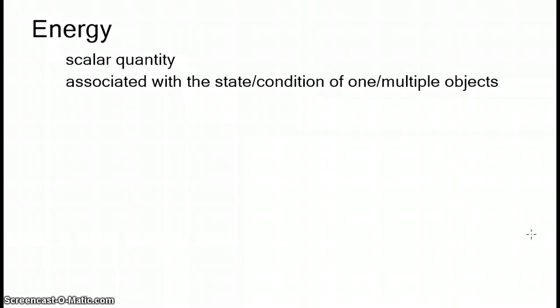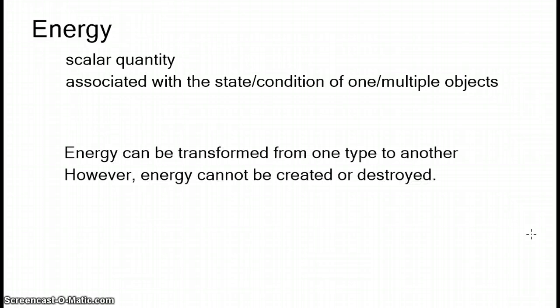And energy itself is connected in many ways with the state of one or more objects, depending on what the system actually is. Now, when we get a little bit further, we're going to introduce a concept called energy conservation. This is based on one of our fundamental laws.